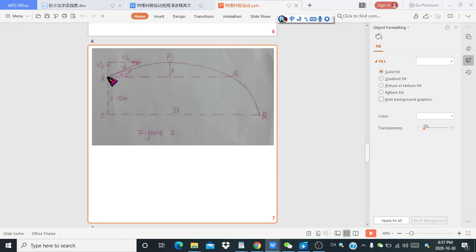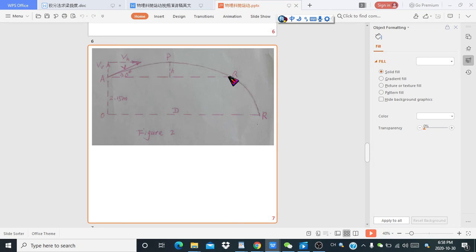From point A to point P, the time is T1. From P to Q, the time is equal to the time for the rock to move from A to P, so there is 2 T1 from A to point Q for the rock to travel.